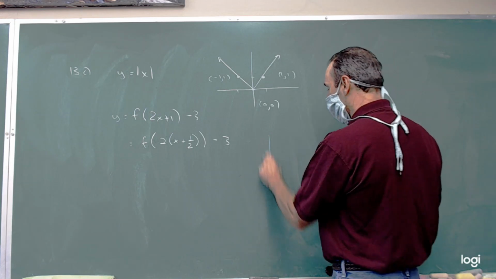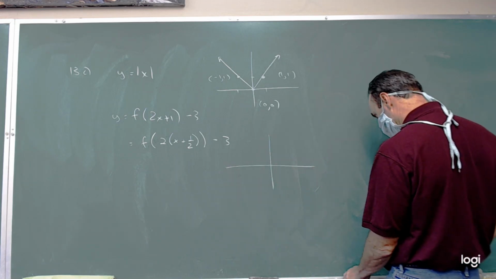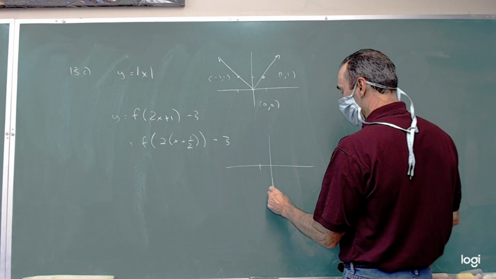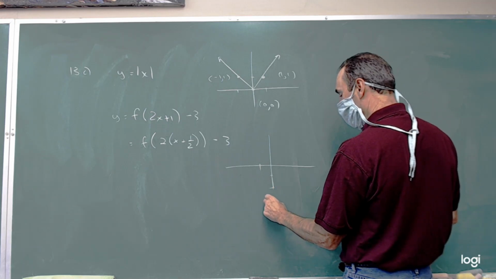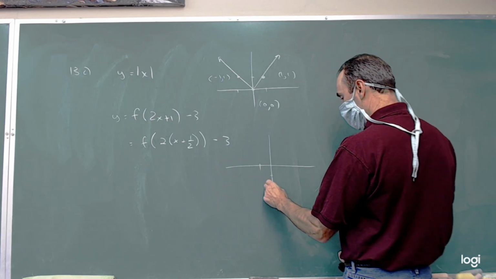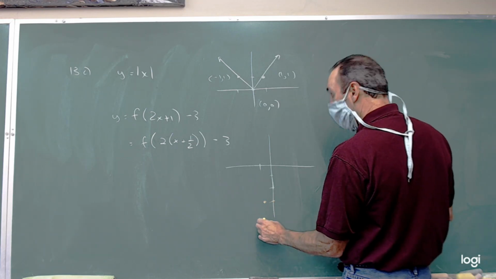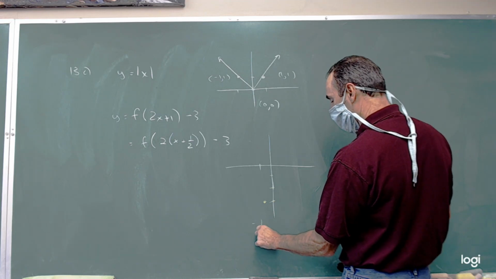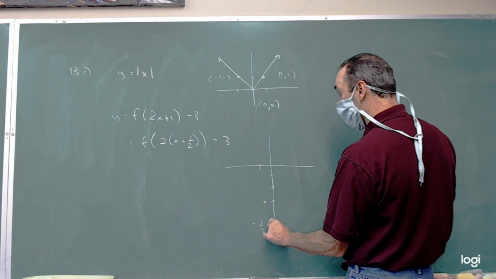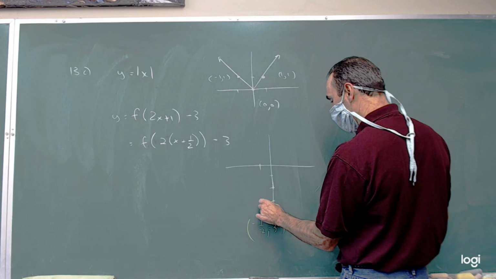So I'll give it a new graph here. We go left, so there's -1, and down 3. I'm going to put that point right here at -1/2, -3. That's going to be our vertex.